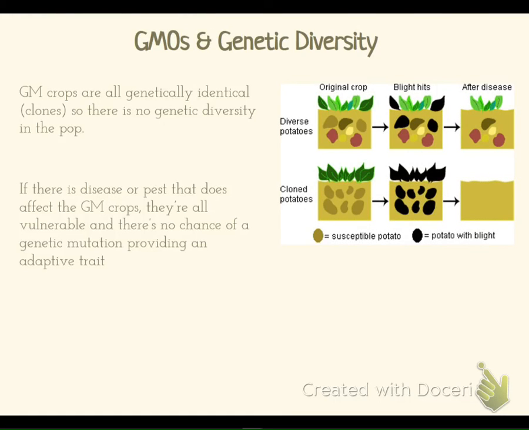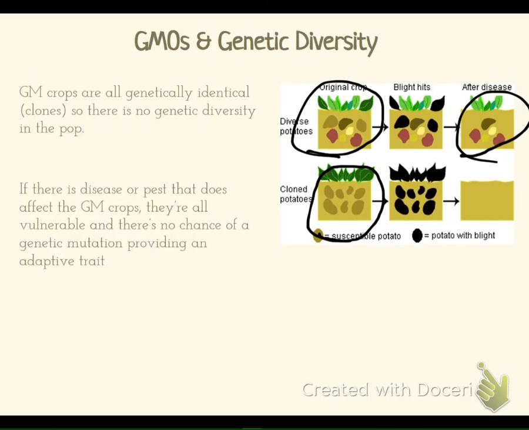For example, this is what happened in Ireland. And originally in Peru, they had over 100 different types of potato. And if a blight would occur, some of them would die, but there would be plenty left. But in Ireland, they only planted one type. And when the blight came and killed them all, the people died.